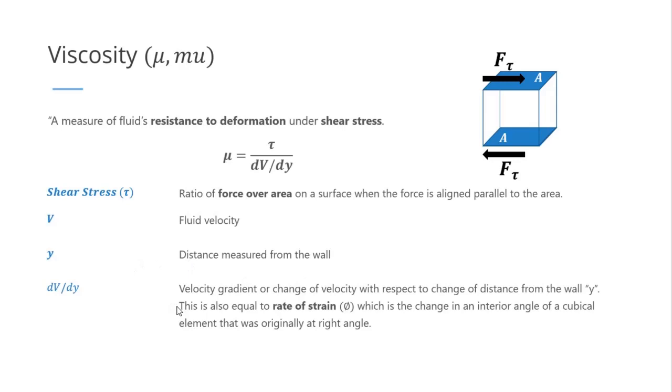Velocity gradient is the change of velocity with respect to change of distance from the wall y. This is also equal to the rate of strain, which is the change in an interior angle of a cubical element that was originally at right angle. Later on, we will try to derive this formula.